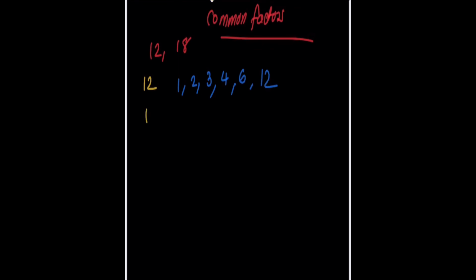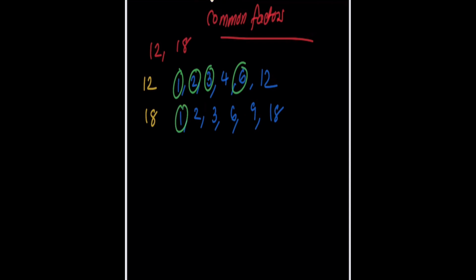Then write the factors of 18. Factors of 18 are 1, 2, 3, 6, 9 and 18. Then find out the common factors. Which are the common factors? 1, 2, 3 and 6. So 1, 2, 3 and 6 are the common factors of 12 and 18.